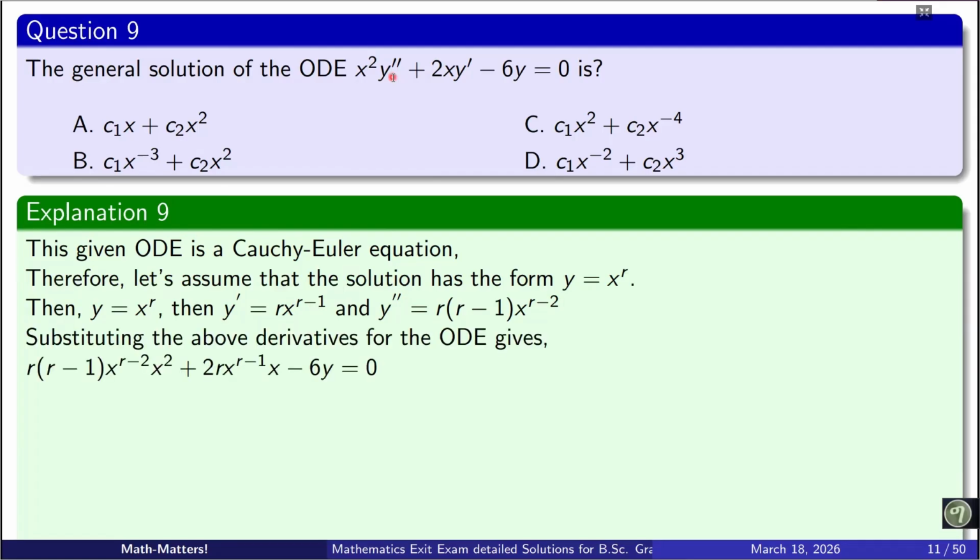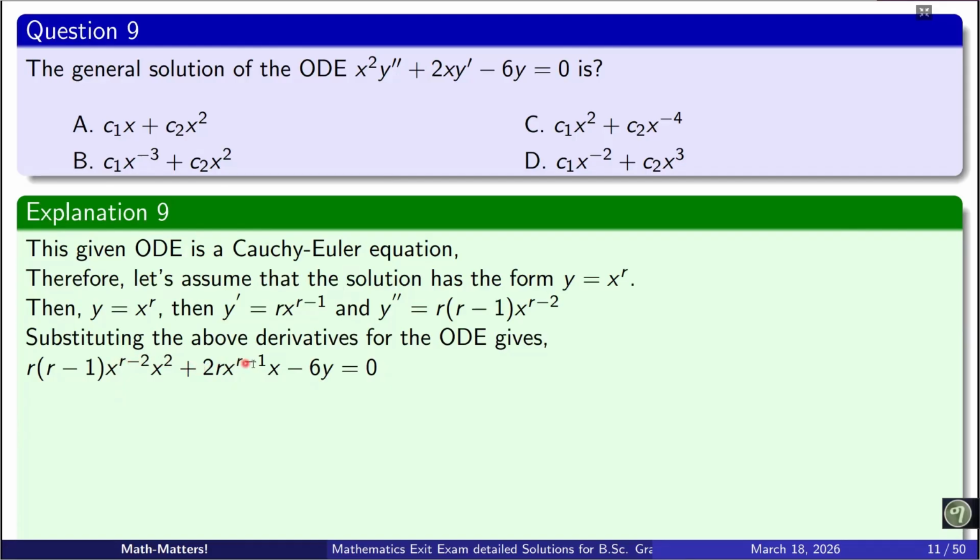Substituting gives r into r minus 1 times x to the power of r minus 2 times x squared, plus 2 times r times x to the power of r minus 1 times x, minus 6 times y is equal to 0. Here we have x to the power of r minus 2 times x to the power of 2. Because they have the same base, if we add the exponents together, the sum of r minus 2 plus 2 will be r.